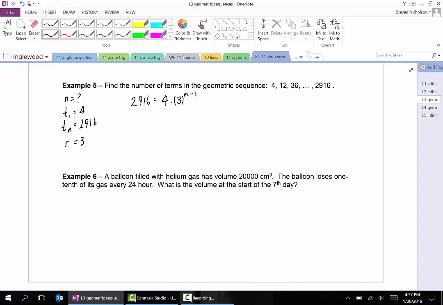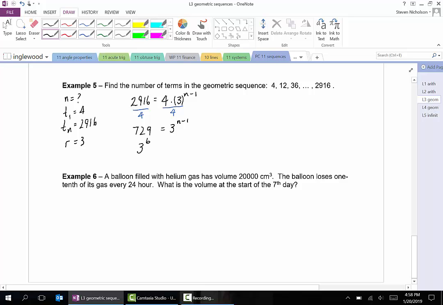So the first thing we're going to do is get rid of the 4, because we have 4 times something I don't know. So I'm going to divide everything by 4 first. And when I do that, I get 729 is equal to 3 to the n minus 1. Now in doing these examples, especially the ones we're going to do in grade 11, the numbers are not accidental. 729 is equal to 3 to the power 6.